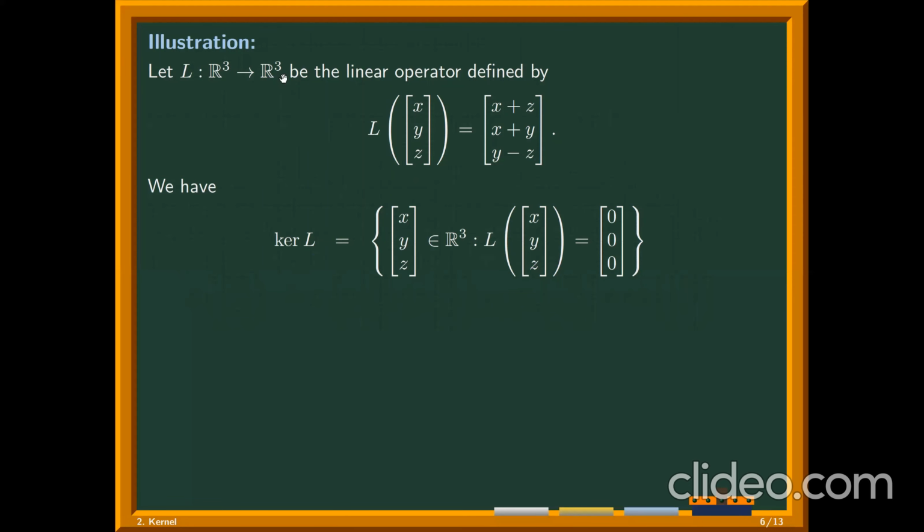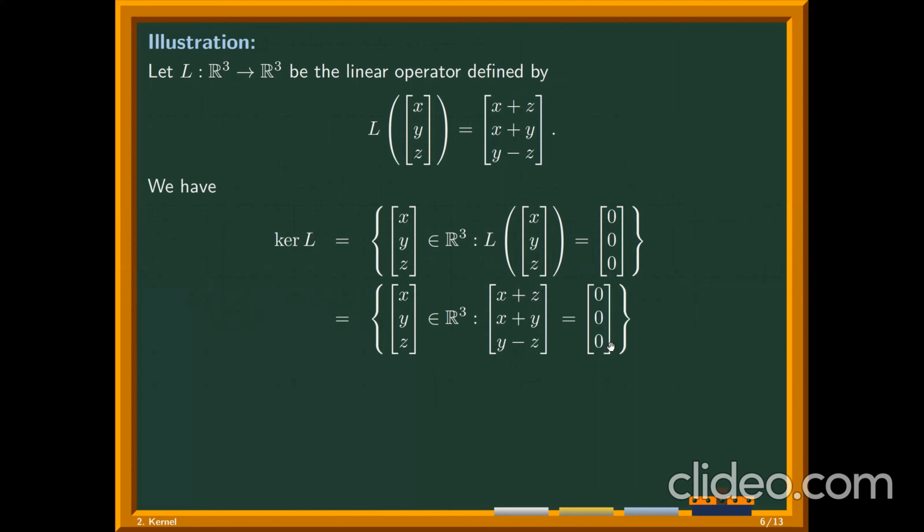The zero vector in the codomain is the 3-vector with all components equal to 0. But L is defined in this manner, so you can write this defining expression for the kernel as the vector (x + z, x + y, y - z) equals the zero vector.